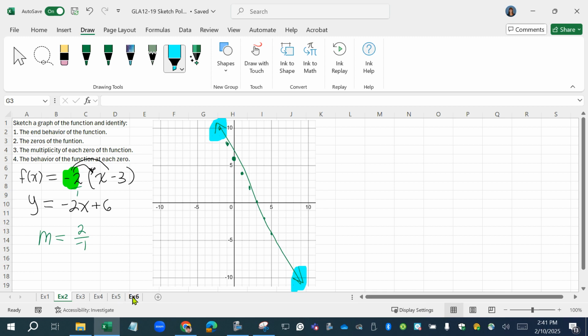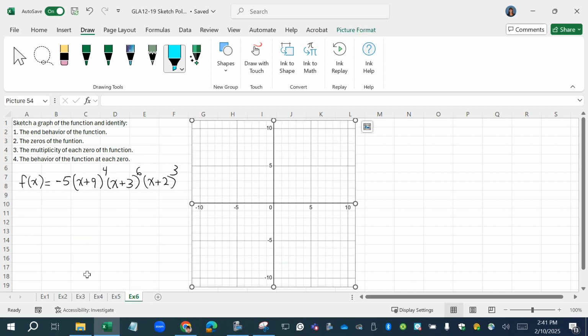Let's jump over to our complicated example, which is this polynomial here. Now, let's see if we can figure out how to extend what we just learned using all of this.